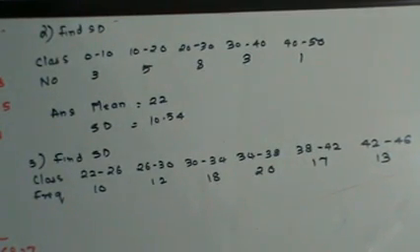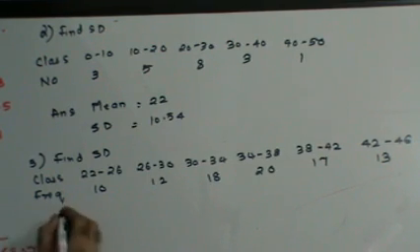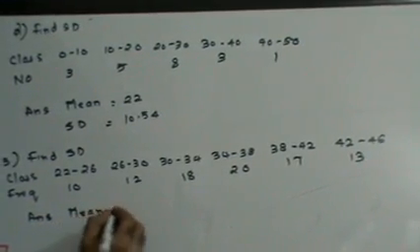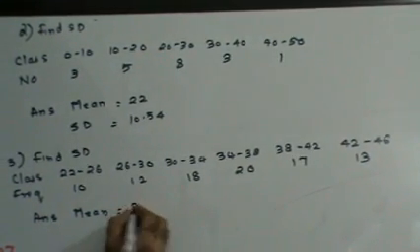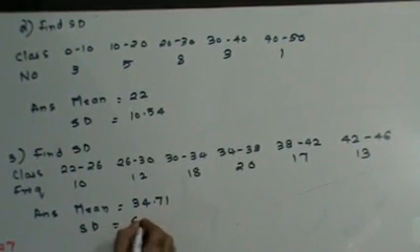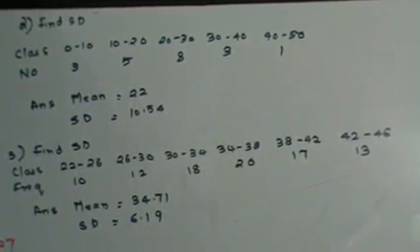Same as the previous sum. You have to solve for mean and standard deviation. The answer you should get is mean as 34.71 and standard deviation as 6.19.